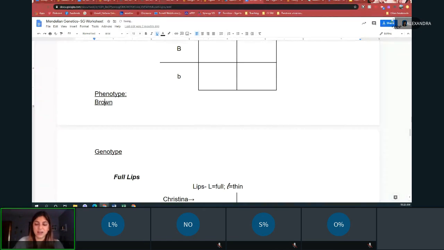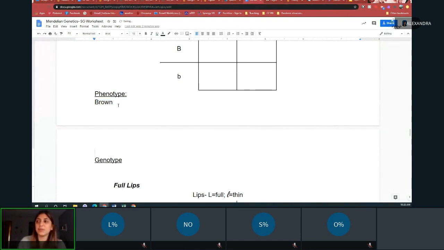And what's the other color eyes he could have gotten? Blue. Good. And what were the chances of him having brown eyes? 3/4, or 75%. And what were the chances of him having blue eyes? 1 out of 4, or 25%.